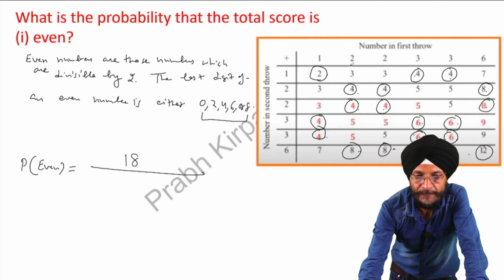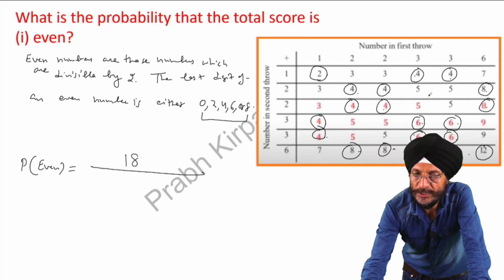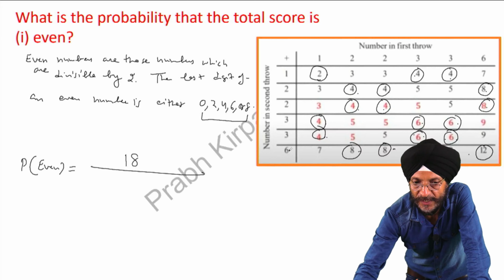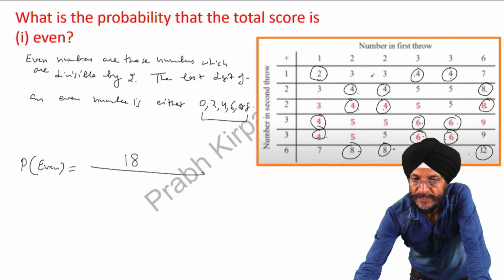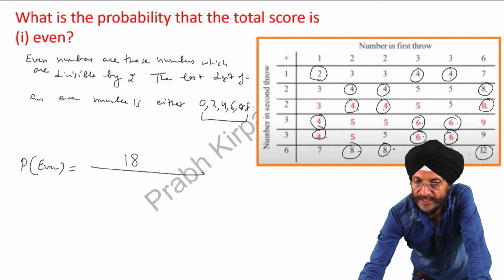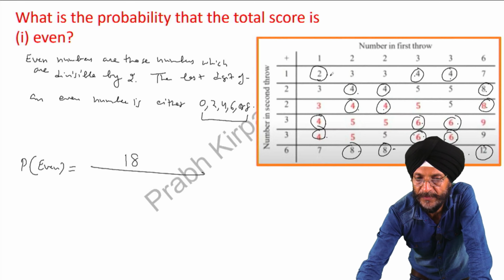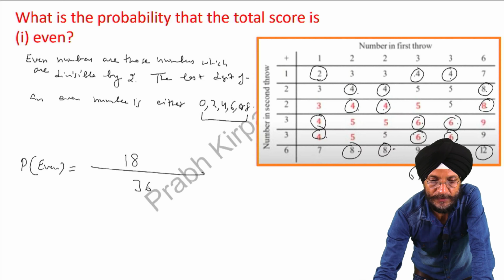total number of possible outcomes. Total number of possible outcomes are here, these are 6, and it has been multiplied 6 times. So 6 into 6, 36. You can also count the same. These are 6 and there are 6 rows. 6 into 6, these are the total number of possible outcomes.